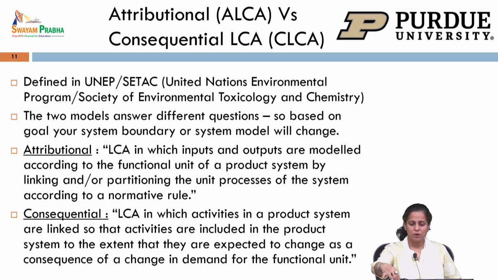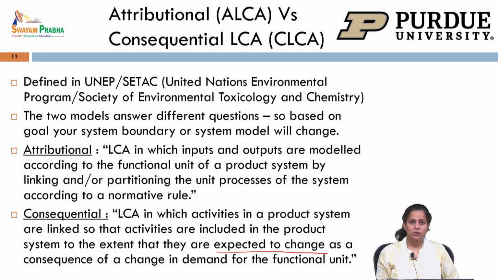So, a key point here you can see is that what is expected to change is very important. We only include those processes in our system boundary for a consequential LCA which are expected to change. For example, if in the energy process we are changing the actual energy production, we will include it, but if we are not changing the transmission and distribution, we will not include that in our consequential LCA.